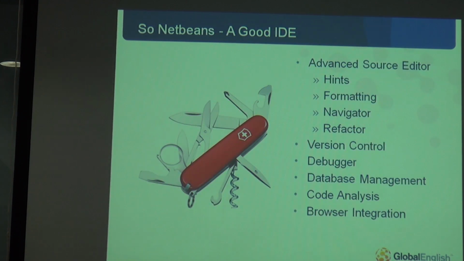So that's why we are preferring Netbeans, because what we saw is source editor, version control, debugger, database management, code analysis, and browser integration, all available here. And when you experience this, there are many more features available.